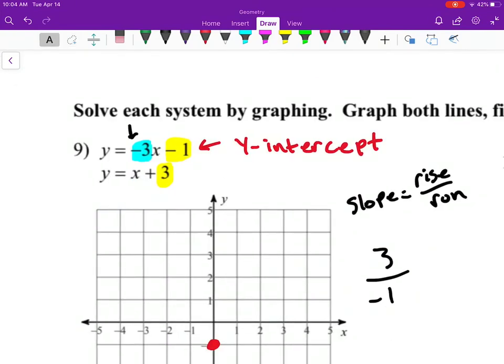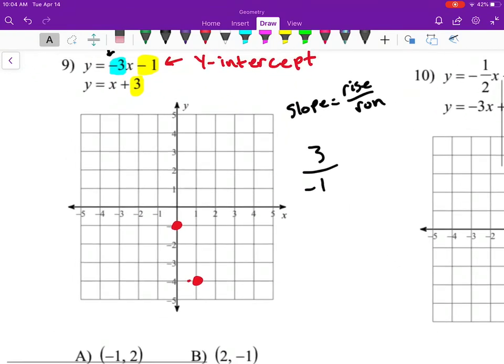So going back to negative 1, I'm going to go up 3 and left 1. I'm just doing the opposite of what I did at first. Up 1, up 2, up 3, and then left 1, and there's my point. Again, I'm going to erase those dotted lines so it doesn't throw you off.